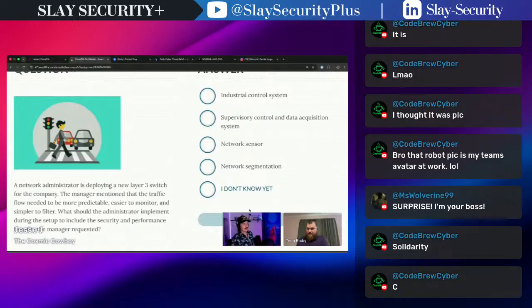A network administrator is deploying a new layer 3 switch for the company. The manager mentioned that traffic flow needed to be more predictable, easier to monitor, and simpler to filter. What should the administrator implement during the setup to include the security and performance benefits the manager requested? I need to read that one again.